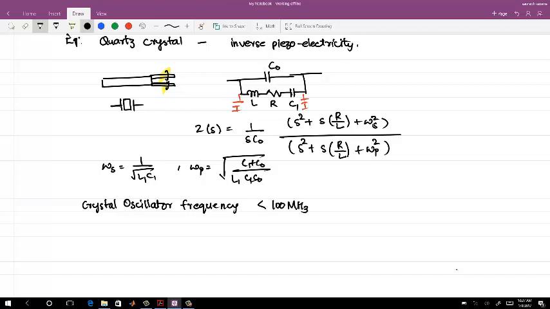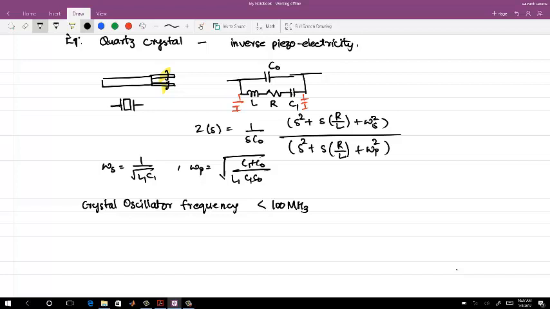I would not say this is a strict rule, because there are oscillators you can find which are compensated, which can go up to a few hundred megahertz also. But I haven't seen any crystal oscillator operating at more than a gigahertz. Normally I think a 400 megahertz crystal oscillator you can find. They are there in the market.